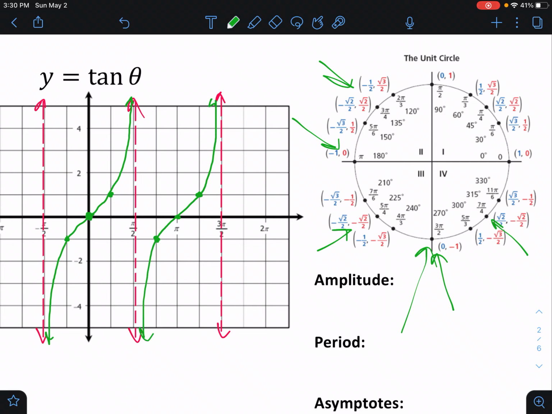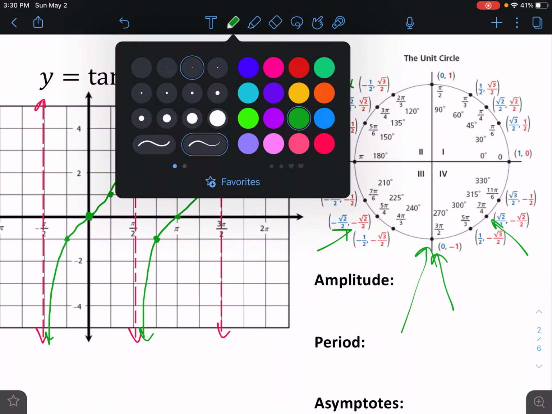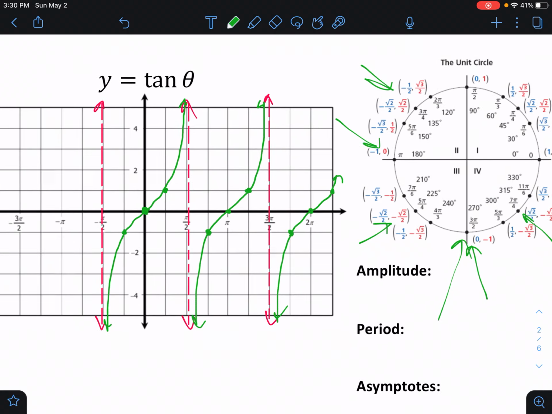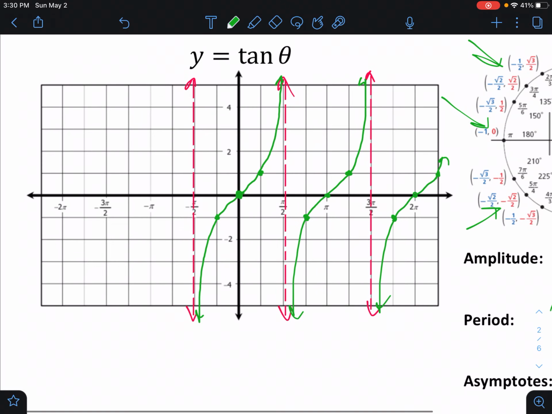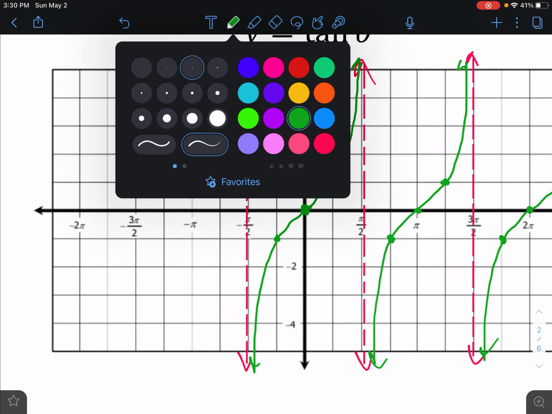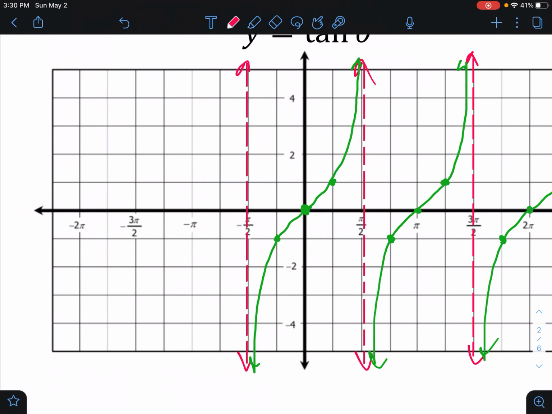Now this just repeats either way. So this would be negative 1 there, and I would be able to see this much. If I go the other way, I'd have this situation as well. So notice every 4 squares, I have an asymptote line.